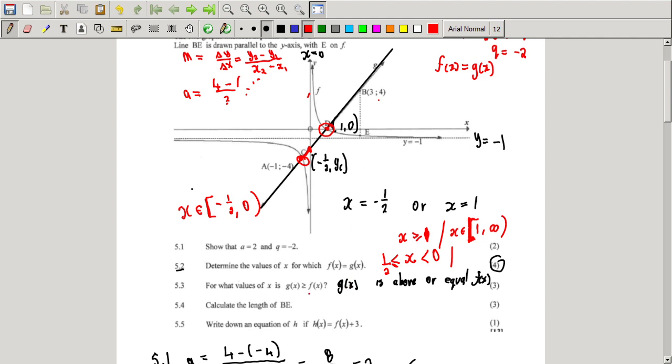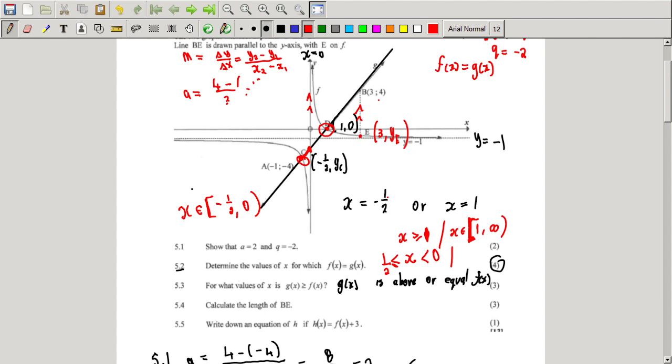So now they say calculate the length of BE. Here's BE. They say BE is parallel to the y-axis. So since BE is parallel to the y-axis, it means the x coordinates on this line are the same. At B the x coordinate is 3, and at E too, but the y coordinate at E I don't know. For me to get the y coordinate at E, I should check the fact that E is also on this graph, the f of x.